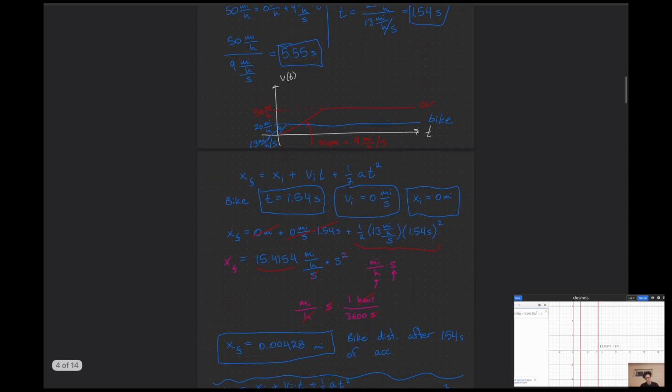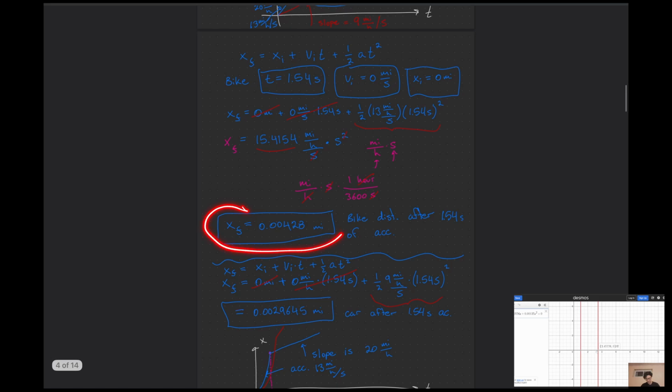The next thing is I want to find what the positions of the objects, the car and the bike, were at t is equal to 1.54 seconds. So after the bike finishes accelerating, I found its position using this equation, model for particle under constant acceleration, and I saw that the bike has reached this value in miles. Then I was curious where the car is, so I used the same equation for the car.